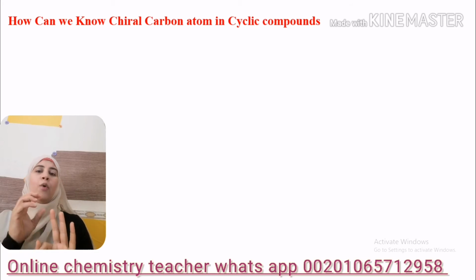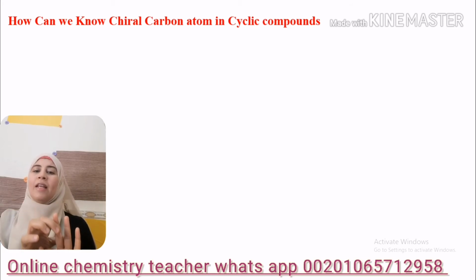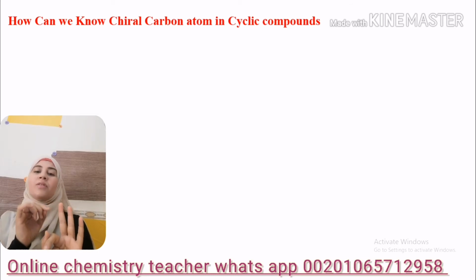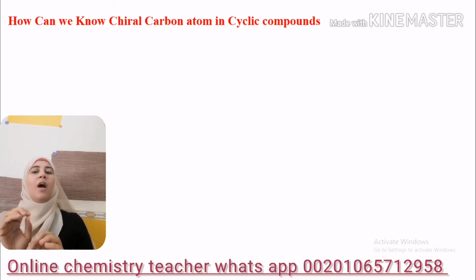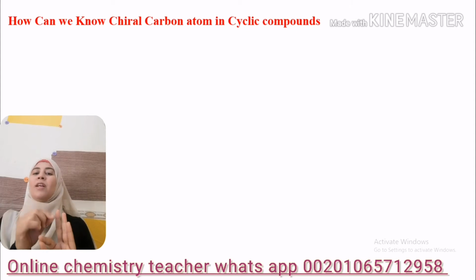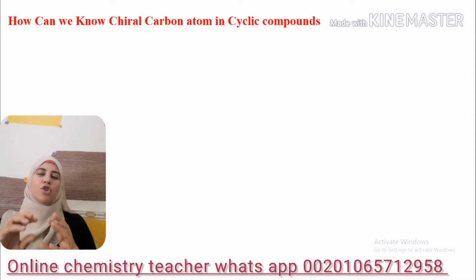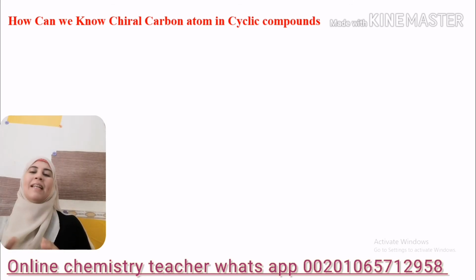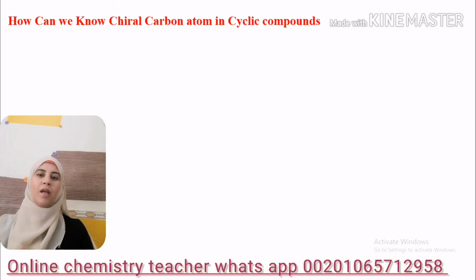Number 3, we are looking for any carbon atom attached with 3 different bonds. After finding any carbon atom attached with 3 different bonds, just have a general look to see if it is an optically active carbon atom or an optically inactive carbon atom. Let's have some examples together.